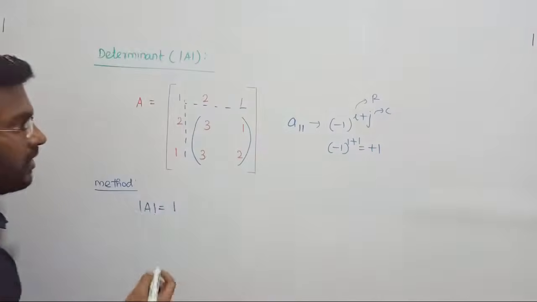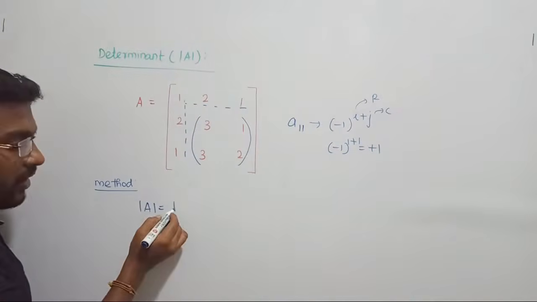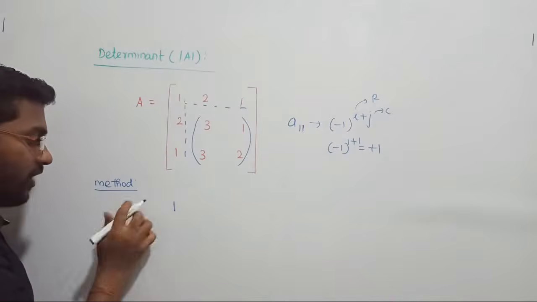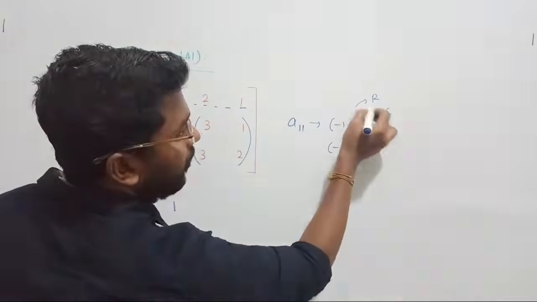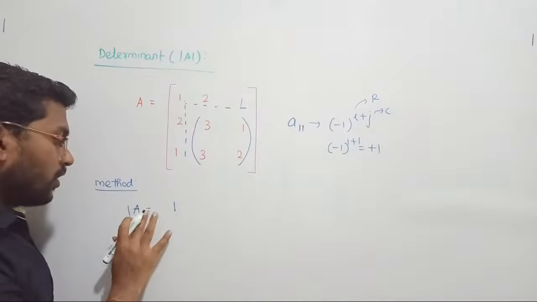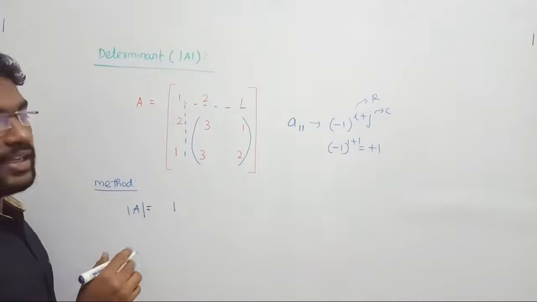This factor comes in front of the selected variable while finding the determinant; this is called the cofactor of the matrix.